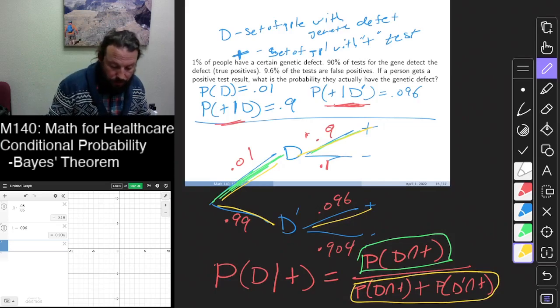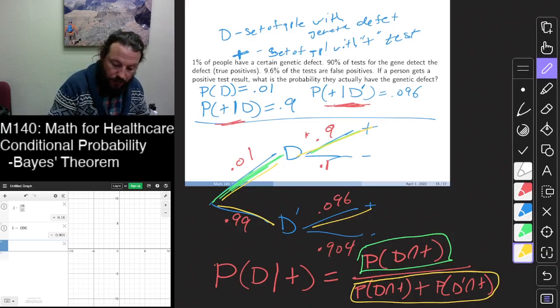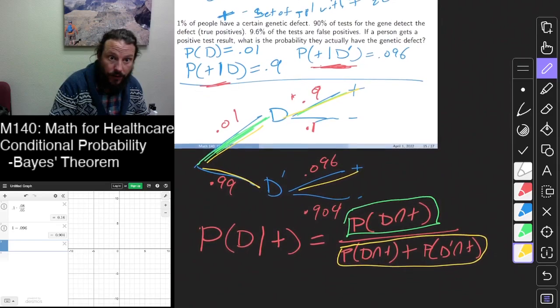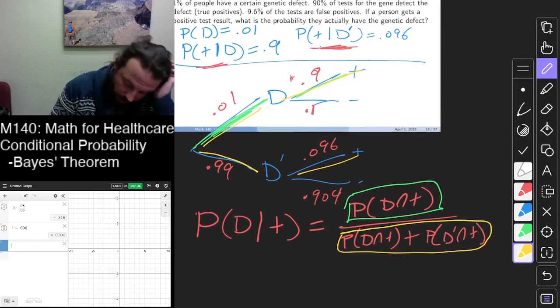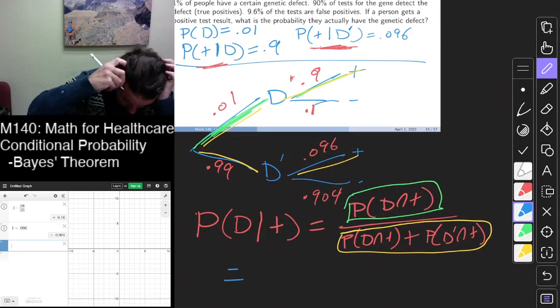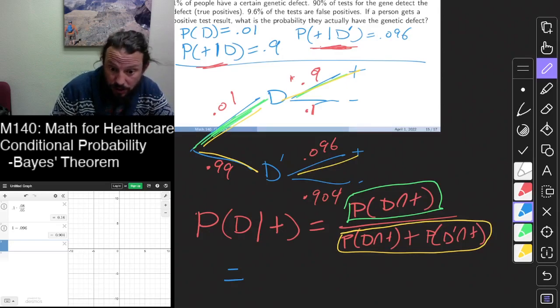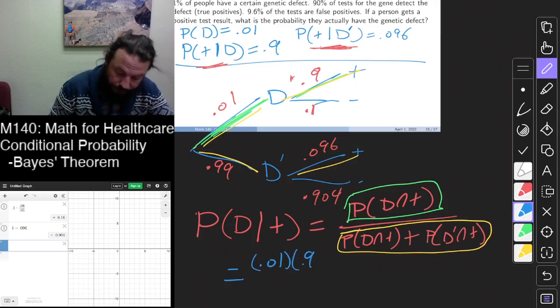Now we plug our numbers in. All right. I'm going to move us up a little bit. I know we're going to lose a little bit of the problem. I think we'll be good. And we'll say that this is equal to, what's the green path, or in other words, the probability of the intersection of D intersect positive, is going to be 0.01 times 0.9. All right.